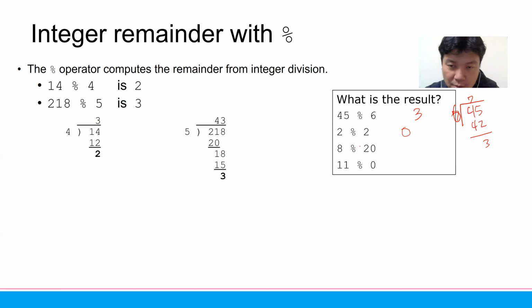What about 8 remainder 20? This is interesting, right? If you want to divide 8 with 20, the result will be 0, and we have the remainder 8. So this result will be 8. You can check.